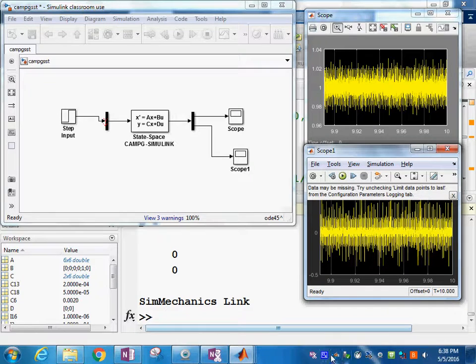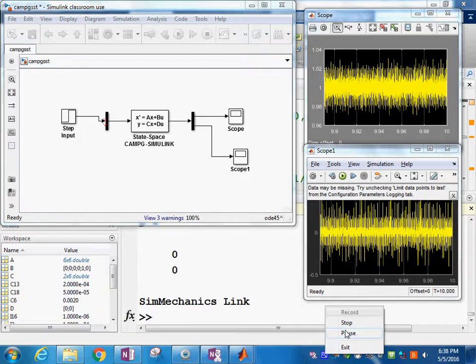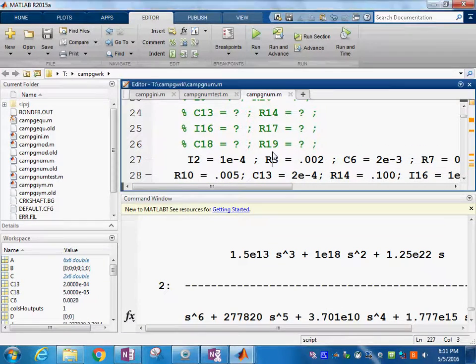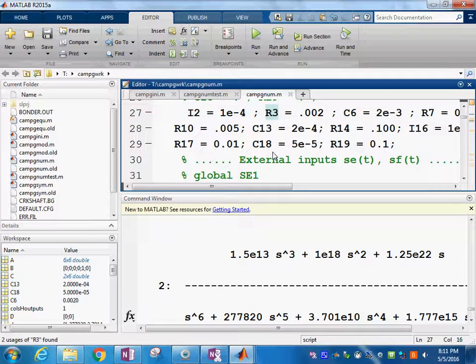So I initialize the values in here, and when I run the file, I will obtain the response of the system.